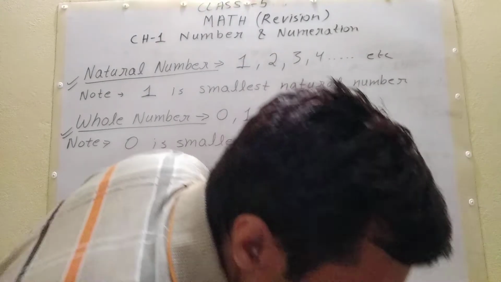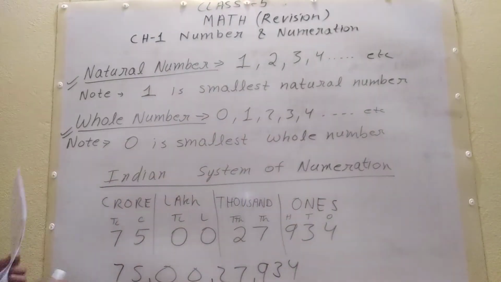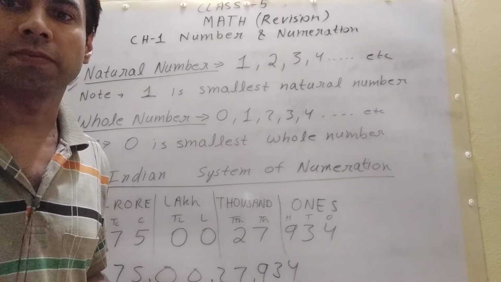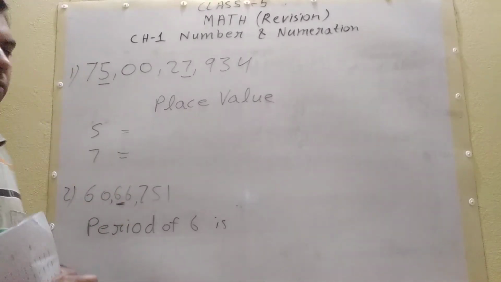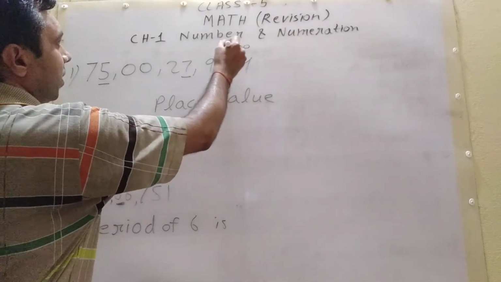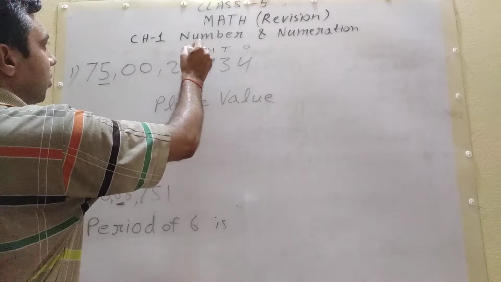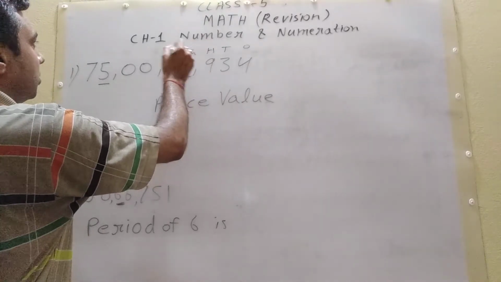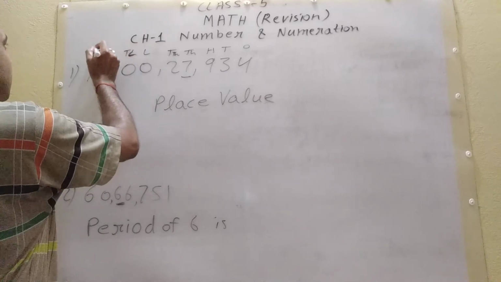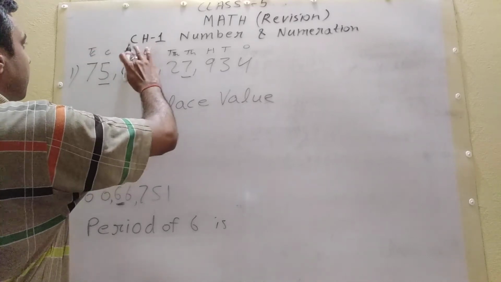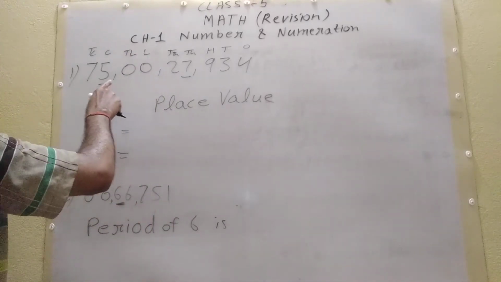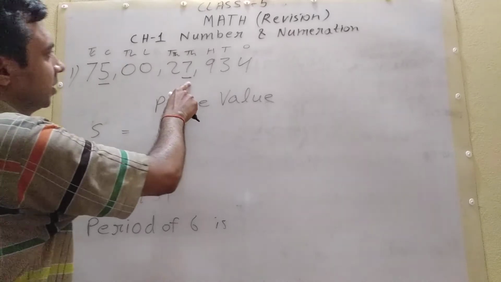Now we take some other example also. Students, in that number I have written ones, tens, hundred, thousand, ten thousand, lakh, ten lakh, crore, ten crore. We have to find the place value of the underlined digits, this 5 and this 7.